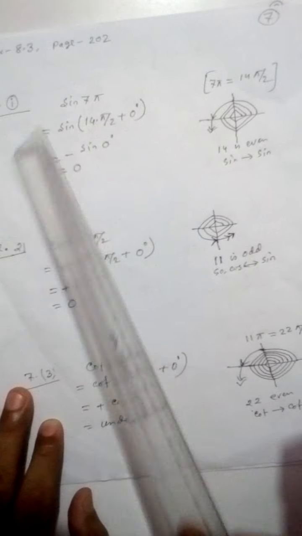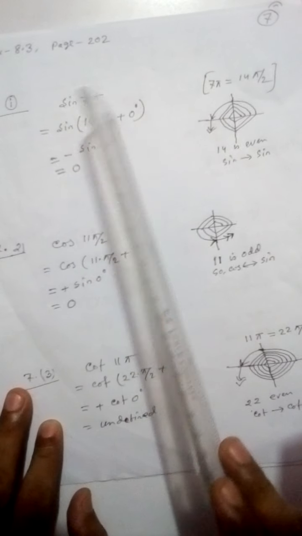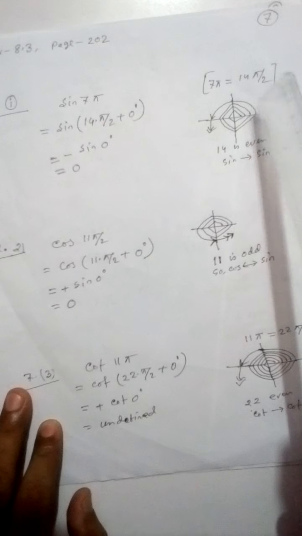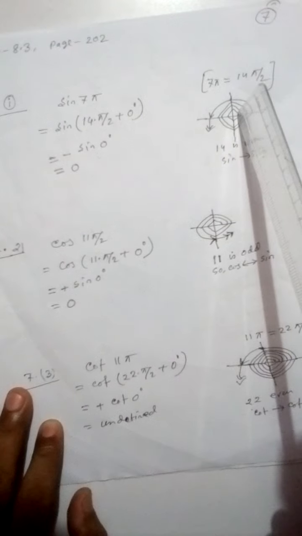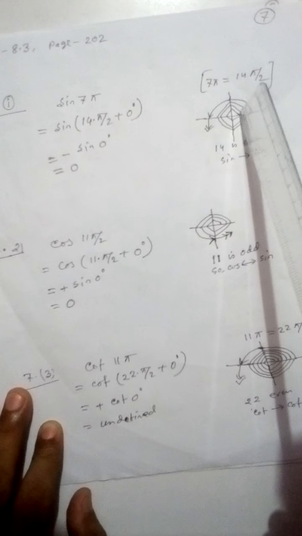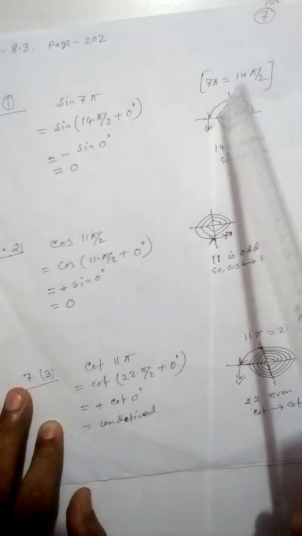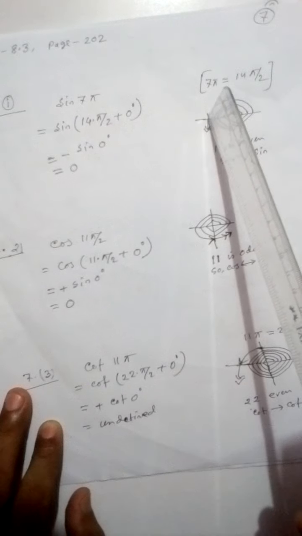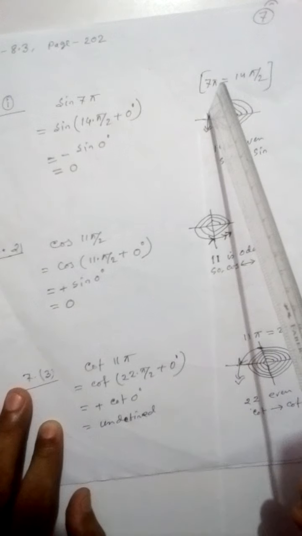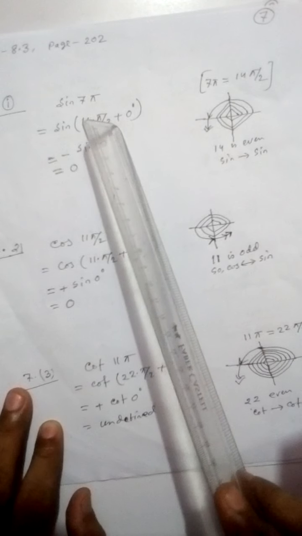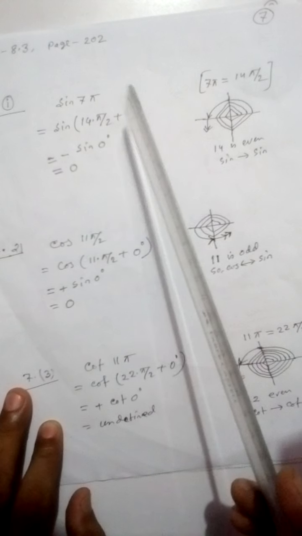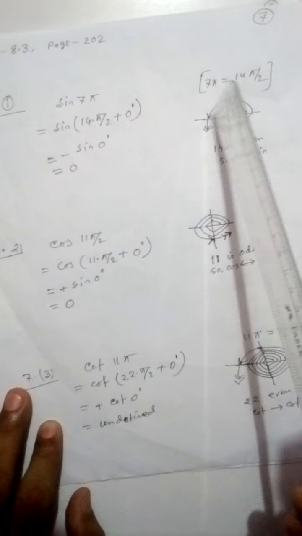First we see which quadrant this is in. The coefficient of pi by 2 is 14. Starting from the positive direction of x, 1 2 3 4 5 6 7 8 9 10 11 12 13 14. This attacks the second quadrant.